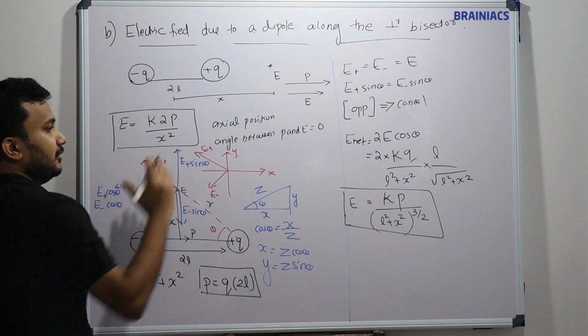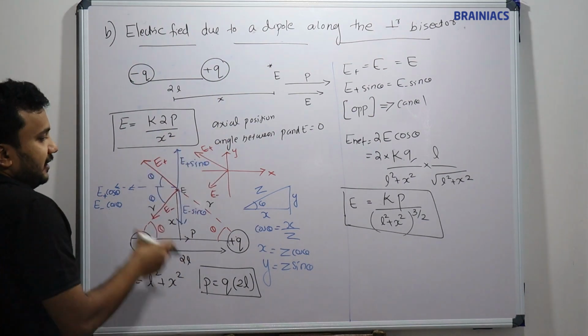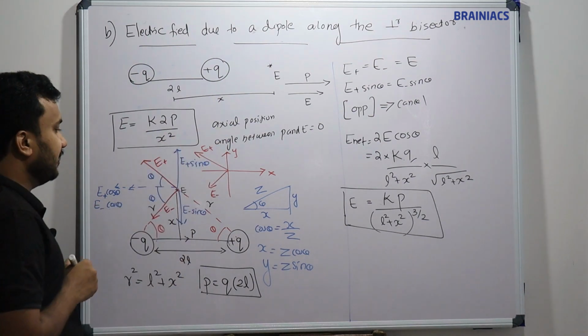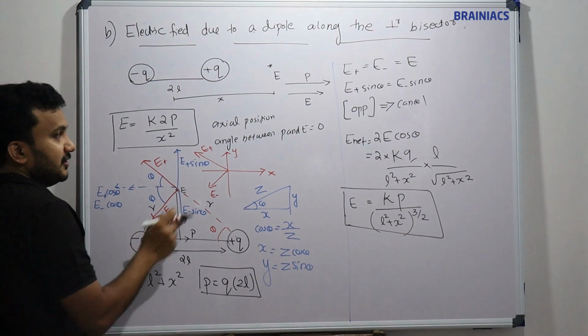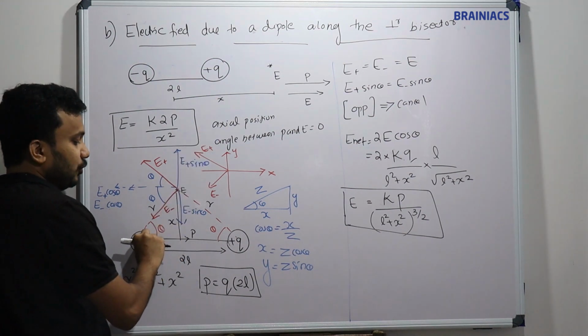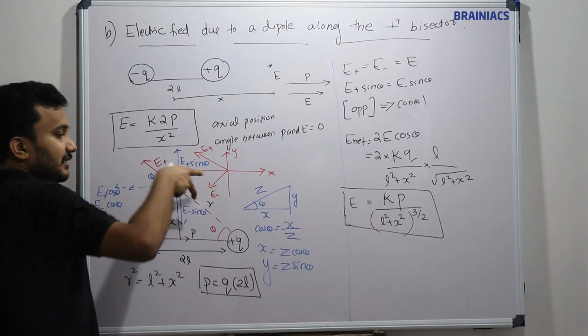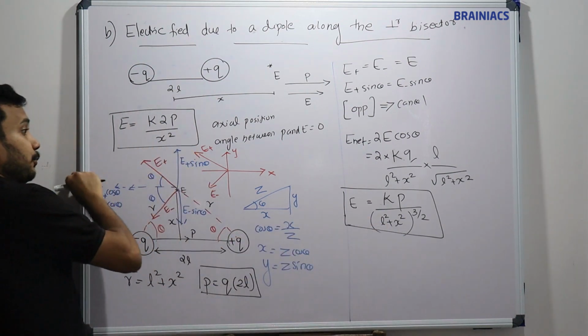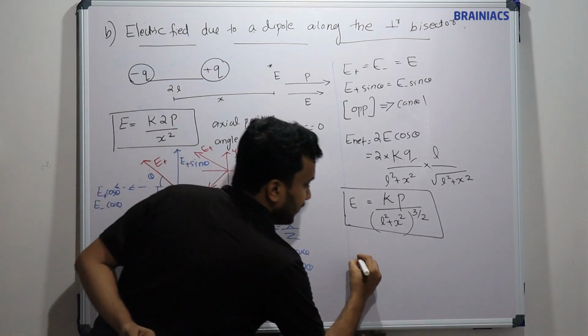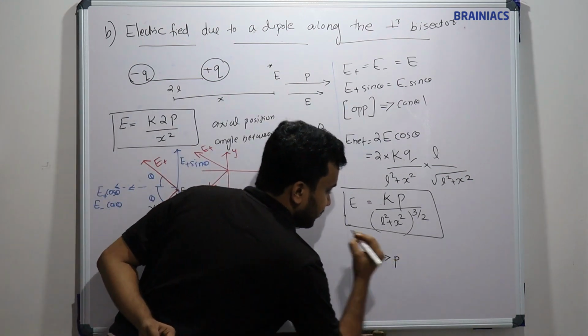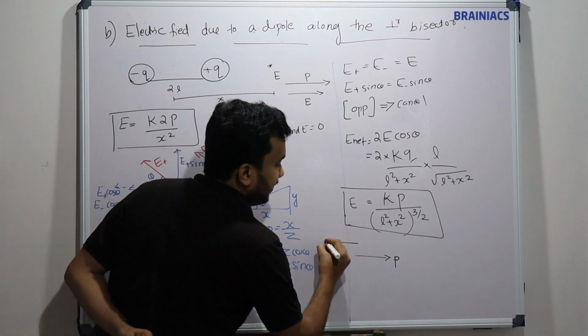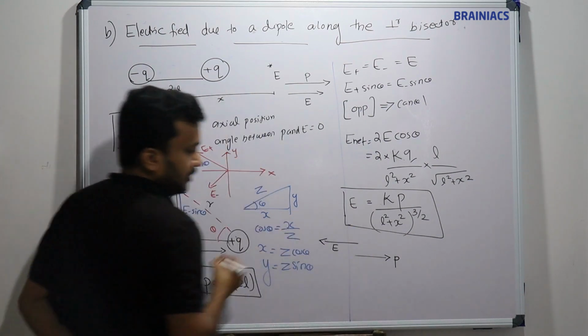Next, the main important point, listen very carefully: the direction of dipole moment is from minus Q to plus Q like this. What is the direction of the electric field? Opposite side, which means my P is in this direction and my final electric field is in this direction.